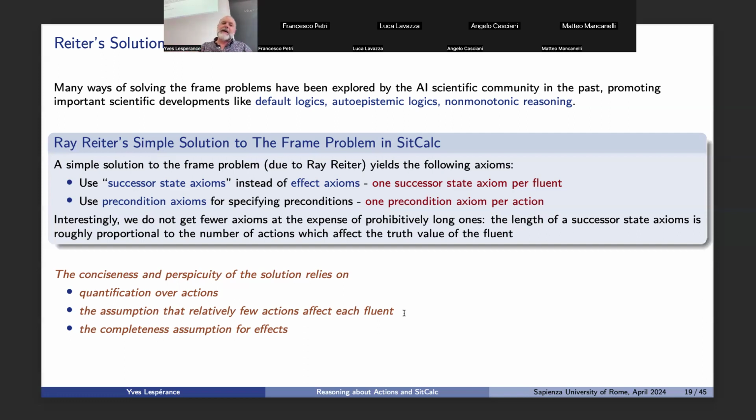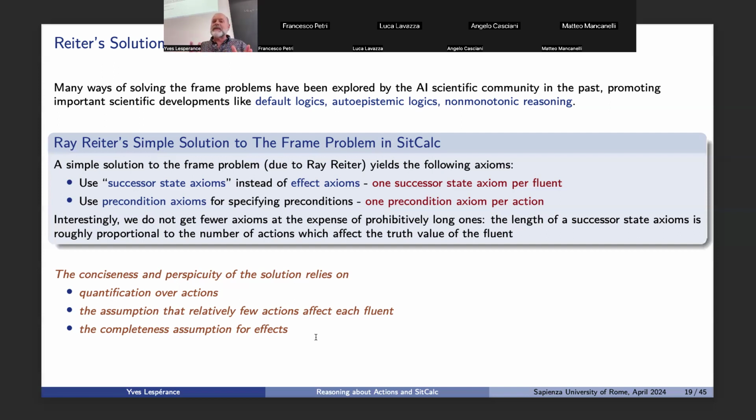And then it relies on another assumption that's a little bit stronger, which is basically that you can write down all the effects for all the actions that interest you. So your list of effects is complete.